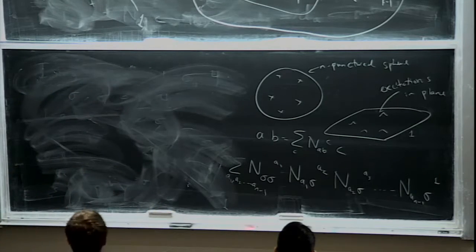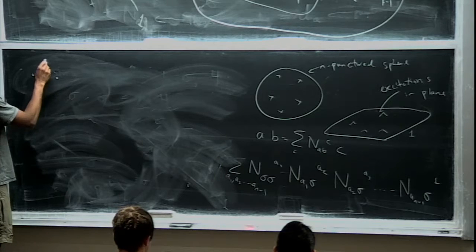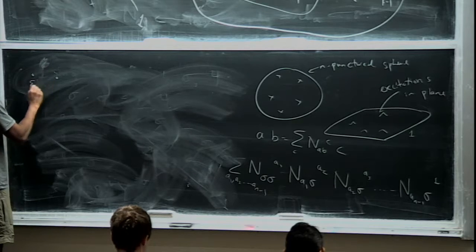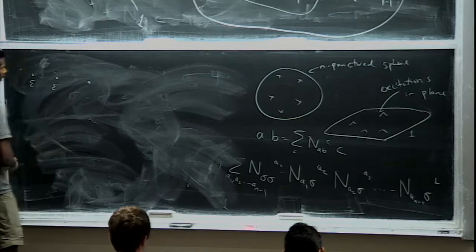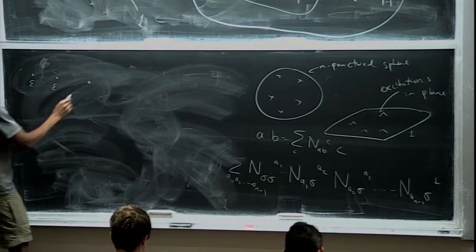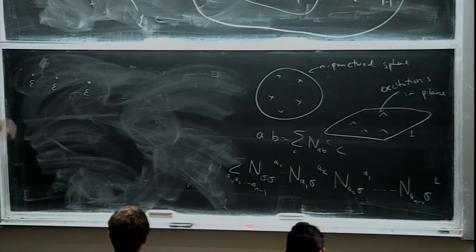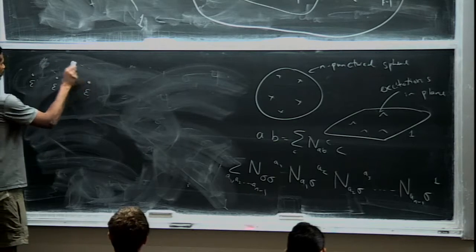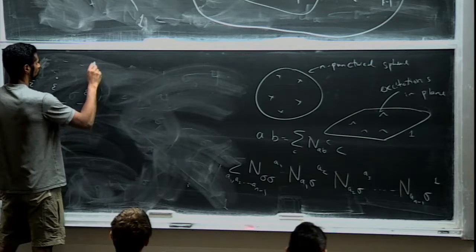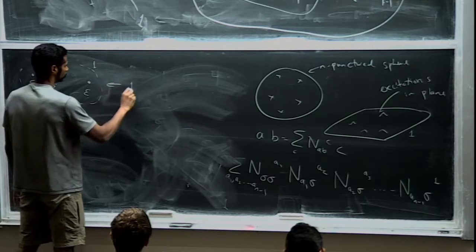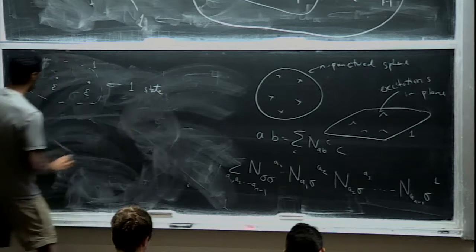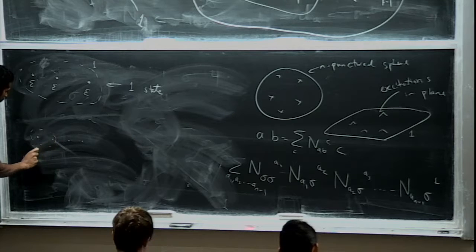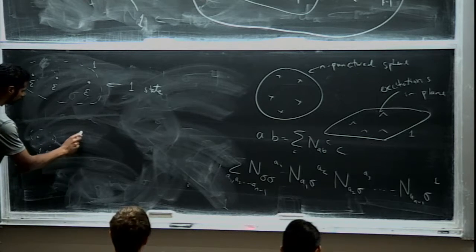So for instance, if you take two Fibonacci anyons whose total charge is 1, there's only one such state. If you take 3, there's only one such state because these two fuse to epsilon, fuse that with an epsilon. Okay. Total charge 1, there's only one such state. On the other hand, when you arrive with 4, these two could fuse to 1 or epsilon.